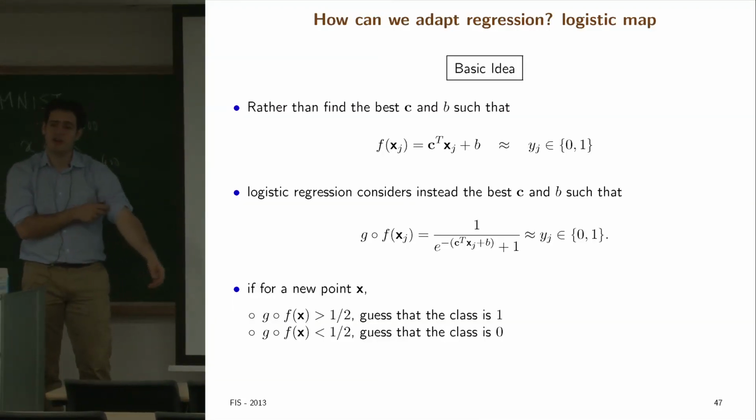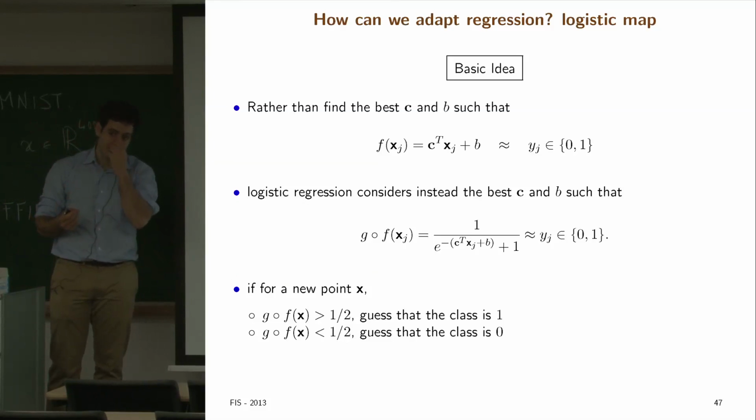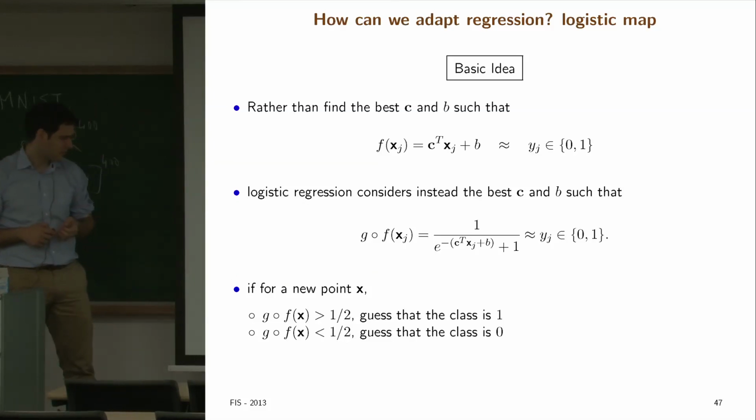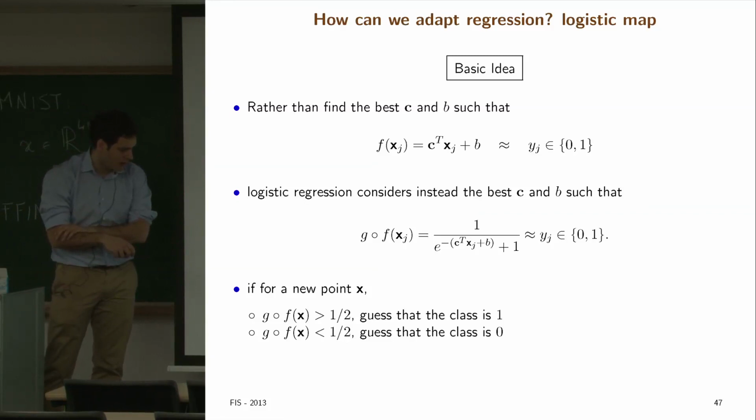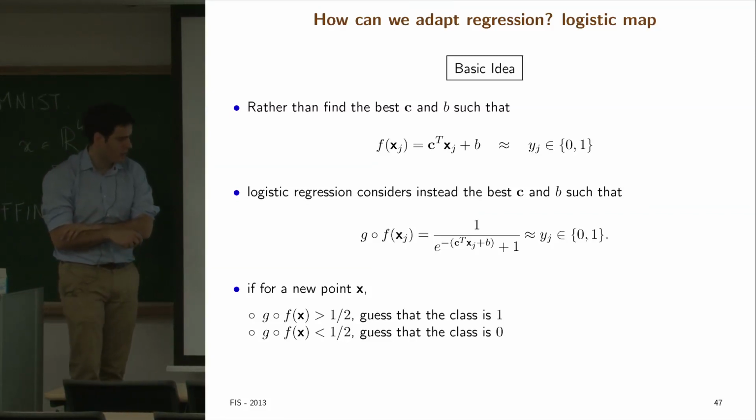And now it's not too far from 0 and 1 in a quadratic sense. So once you have found C and B, for a new point, you will predict that this new point is a 1 if this function is bigger than 1/2, and 0 if it's smaller.